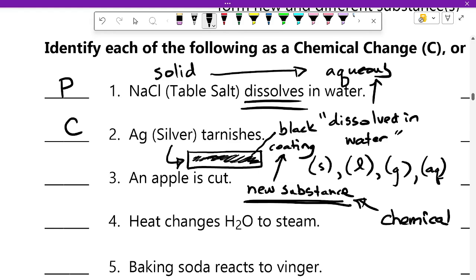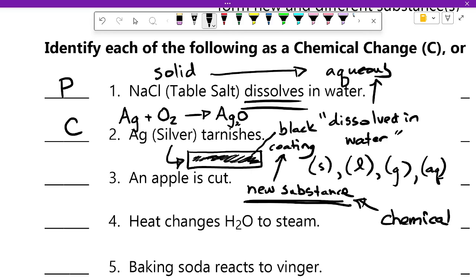In fact, what's happened is that you had silver, it has reacted with oxygen in the air, and you got silver oxide, and the silver oxide is black. You don't need to worry about that reaction, okay? But you did get a new substance. You started with silver and oxygen, and you ended up with silver oxide, which is a new substance.